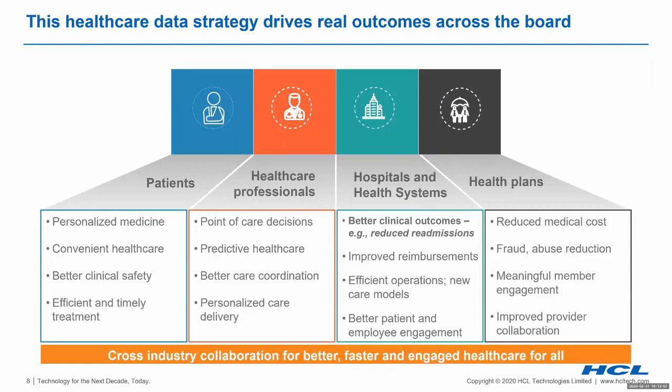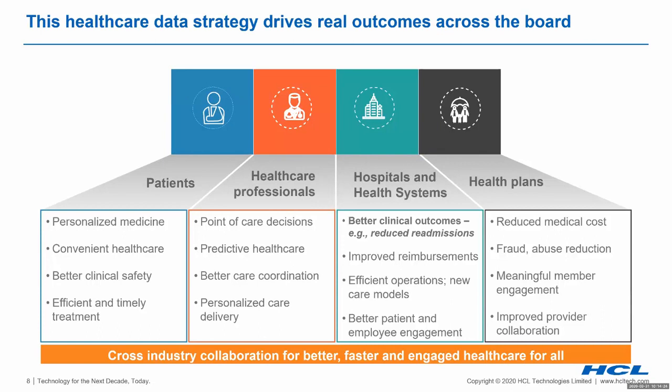A personalized, convenient healthcare for patients, which is safe and efficient and timely. For healthcare professionals, ability to make right decisions at the point of care, leveraging predictive healthcare. Better care coordination and ability to drive personalized care delivery for better outcomes. For hospitals and health systems, the benefits are a lot.